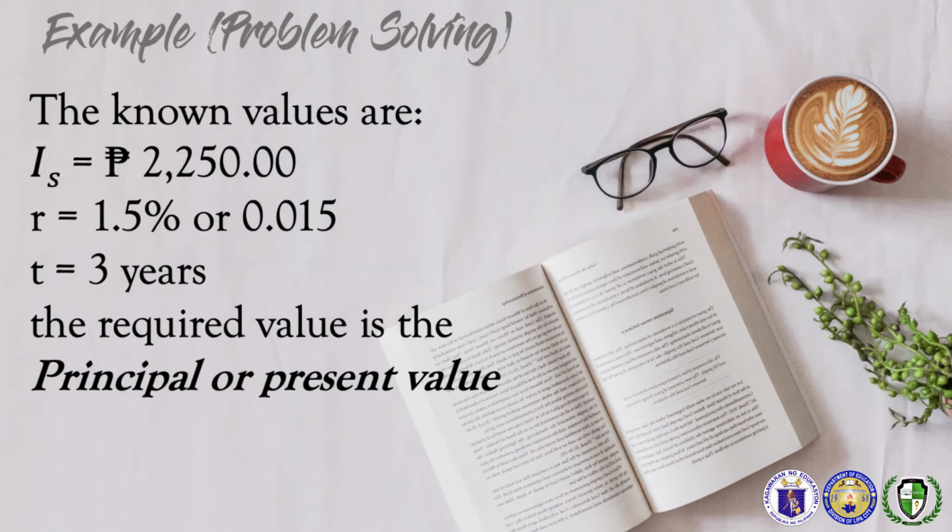The known values are I sub S is 2,250 pesos, R is 1.5% or 0.015, T is 3 years. Then, the required value is the principal or present value.